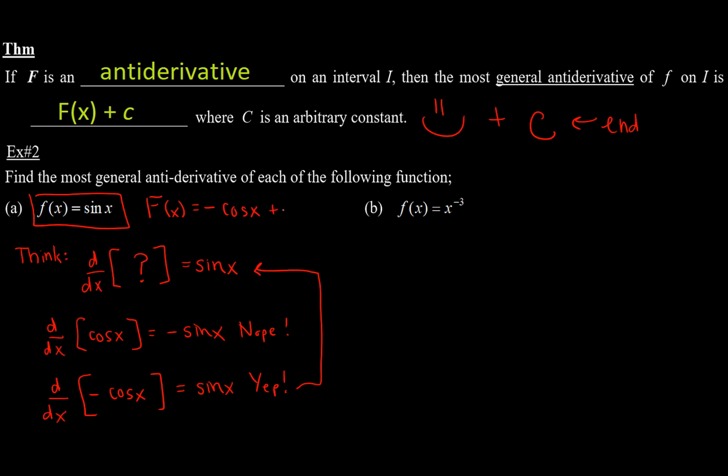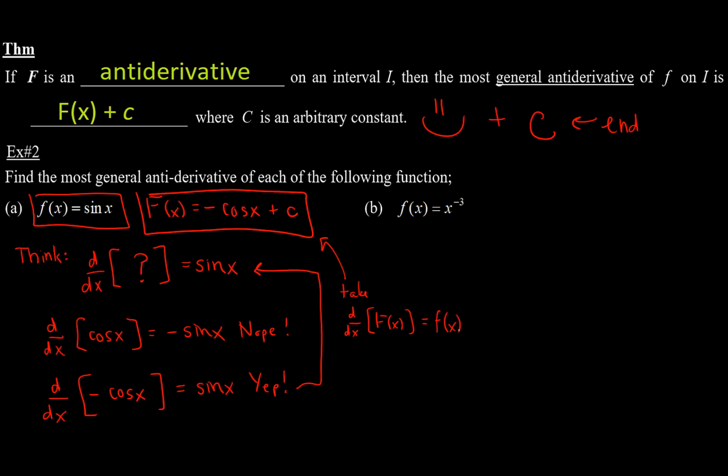But don't forget, there's some constant c we can also add that will cancel when we take the derivative. Again, remember we're going backwards. If you take the derivative of your answer, you should get what you started with. So we're undoing the derivative, called the integral, called the antiderivative.